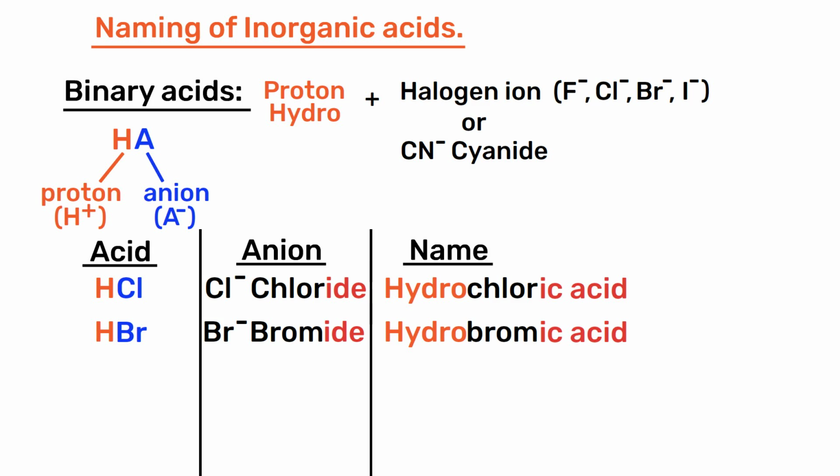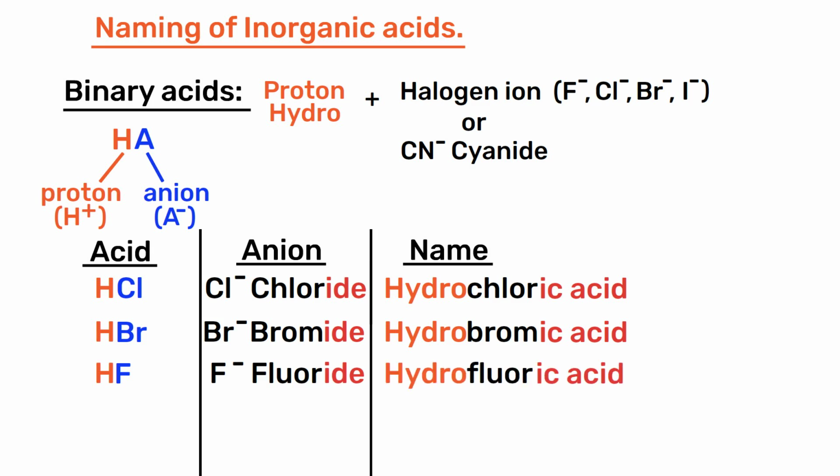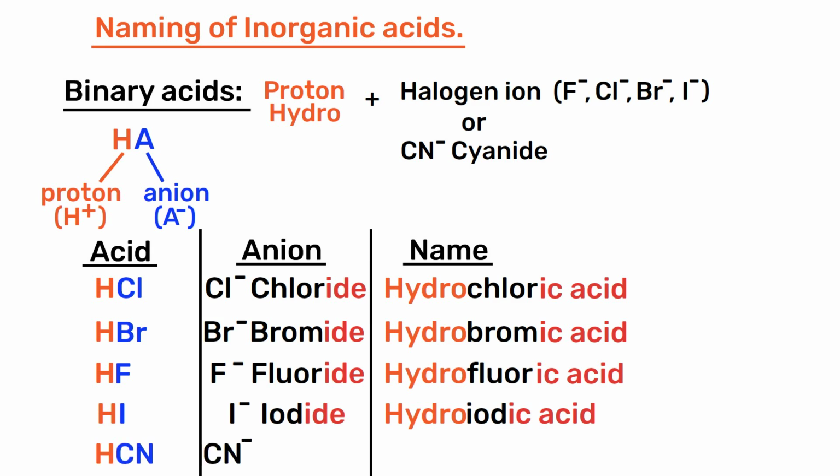Similarly, you have hydrogen fluoride, or hydrofluoric acid, or you have HI, which is hydroiodic acid, and HCN, which is hydrocyanic acid. So this is how we name binary acids.